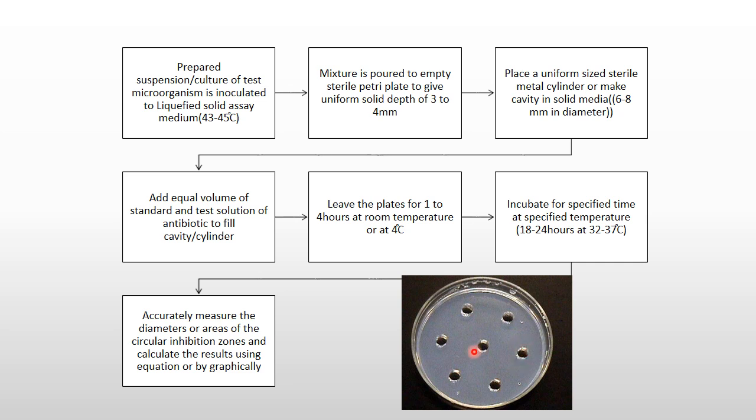Then add equal volumes of test solution and standard solution to each cavity. Then leave for 1 to 4 hours for proper diffusion of the antibiotic solution. Then incubate the plates at the specified temperature, that is 18 to 24 hours at 32 to 37 degrees Celsius. Then measure the diameter of the zone of inhibition and calculate the results using an equation or by graphical methods.